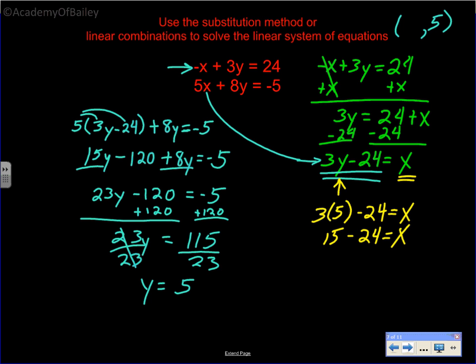And what's 15 minus 24? It's negative 9. So x equals negative 9. We plug that in right there. So that's where we're at.